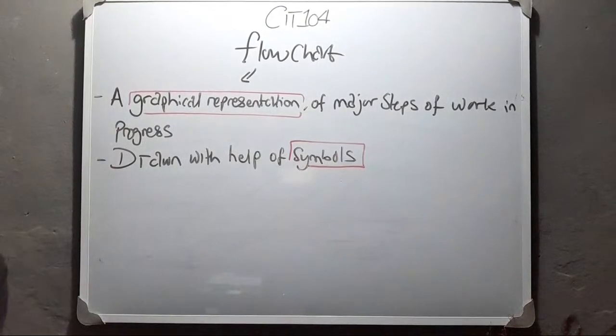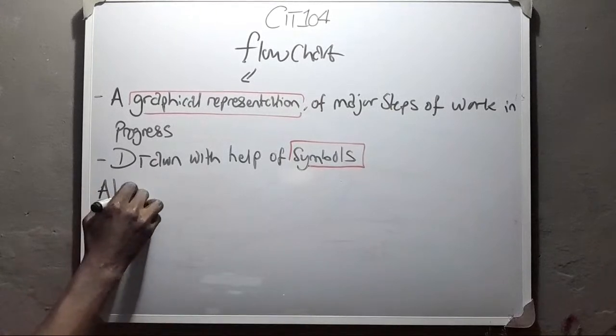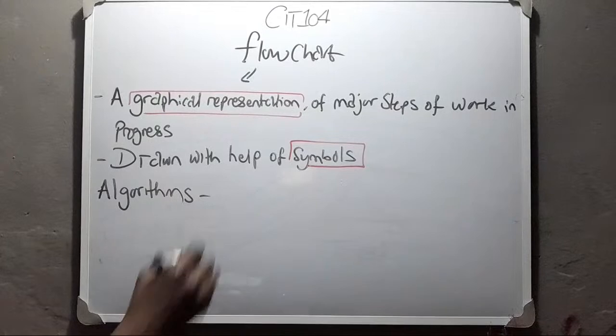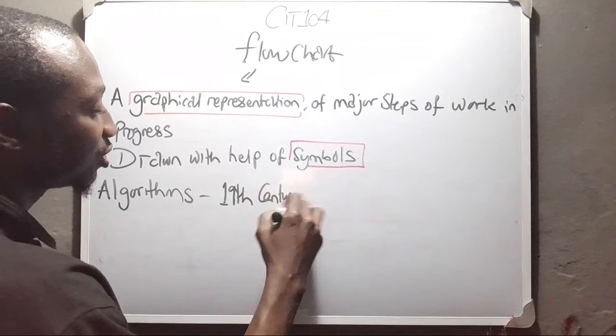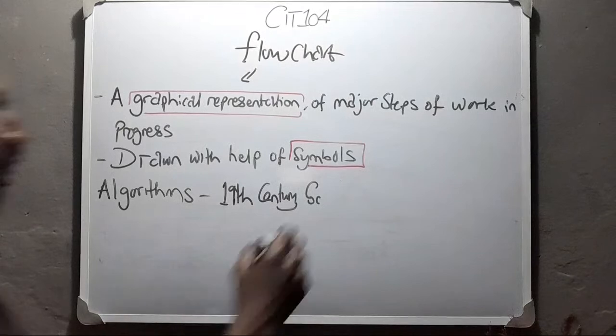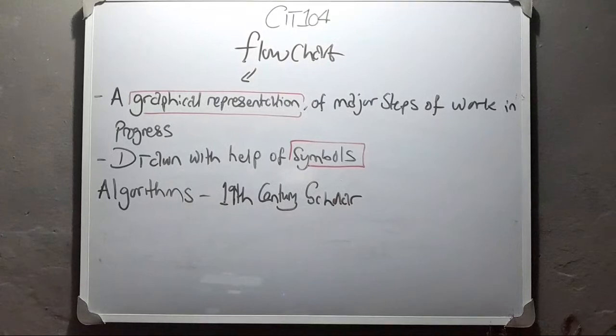Now, just right under flowcharts, we have what we call an algorithm. Speaking of which, it is named after the 19th century scholar Abu Jafar Muhammad.